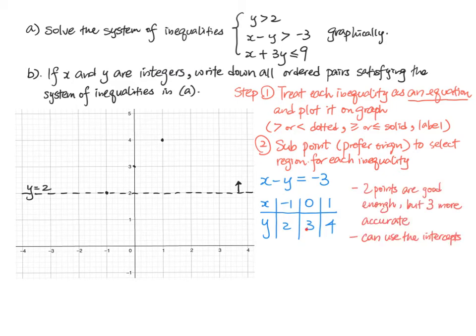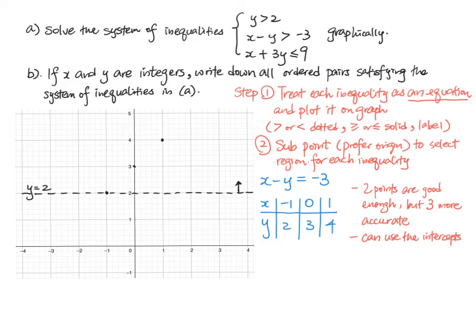To graph a straight line, actually 2 points are good enough, but I would suggest using 3 points because it would be more accurate. And also, if you use 3 points, and one of the points is not on track, then you know you have made a mistake. But you cannot check that with 2 points, right? So 3 would be better.